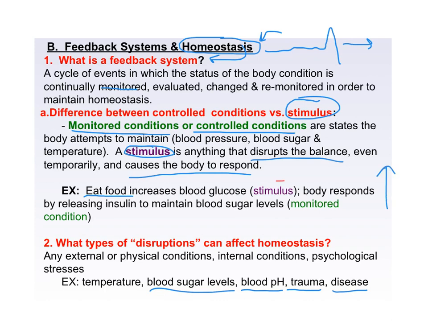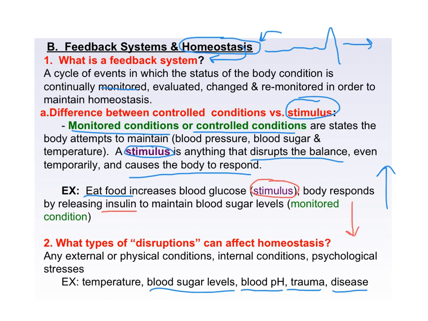That stimulus, the eating of the food, makes your body respond. It makes your pancreas release insulin, which causes your liver to store glucose in the form of glycogen, and that makes the blood glucose level in your blood go down.